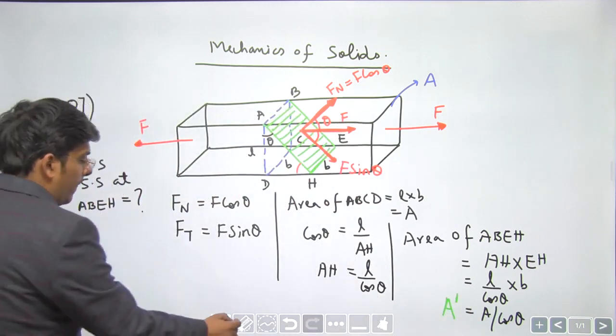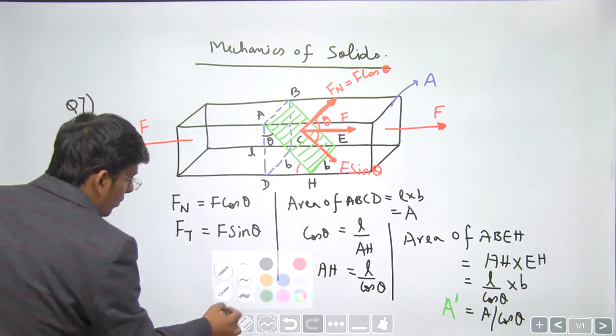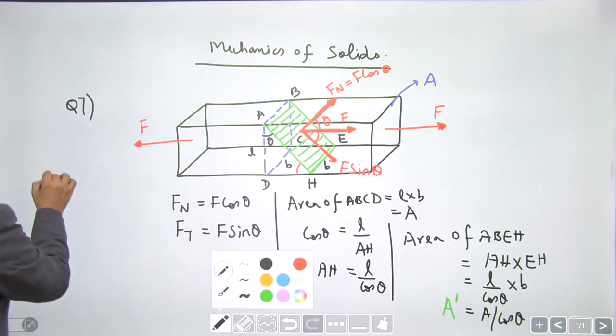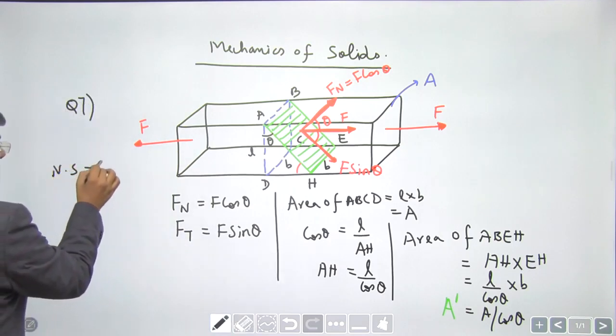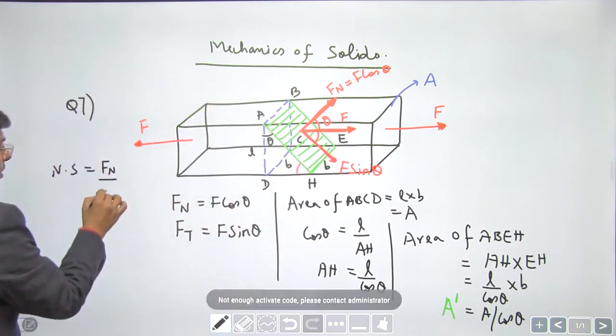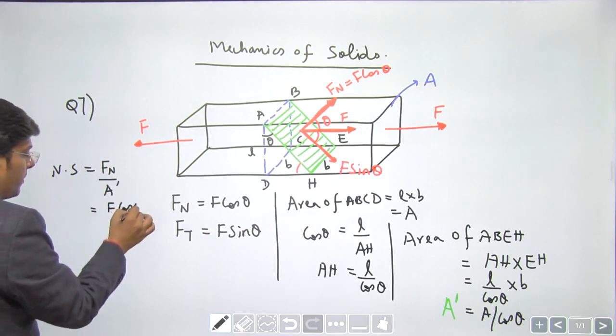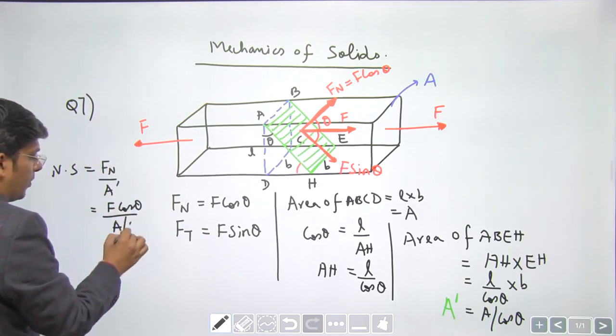Okay. Now we have area, we have normal force, we have got the answer. Normal stress is going to be normal force divided by the area of this plane, which is actually A by cos theta. So this is F cos theta divided by A by cos theta, dear students.